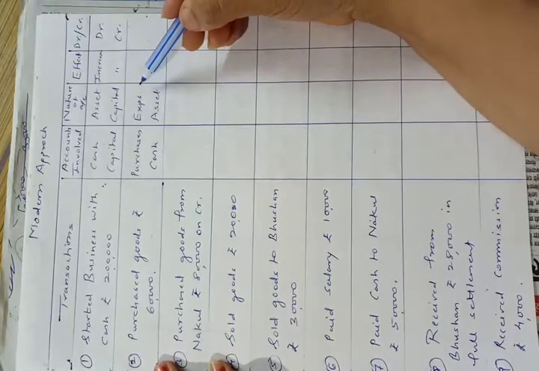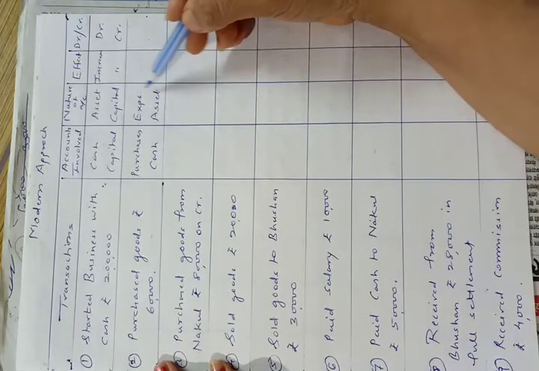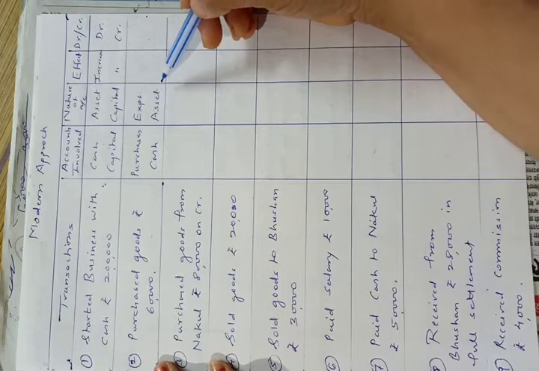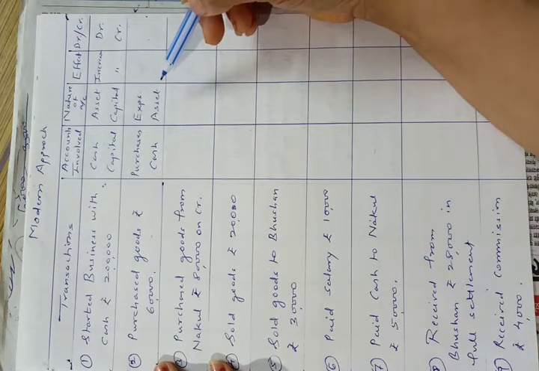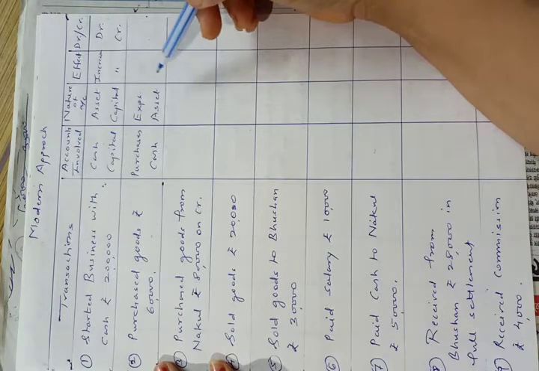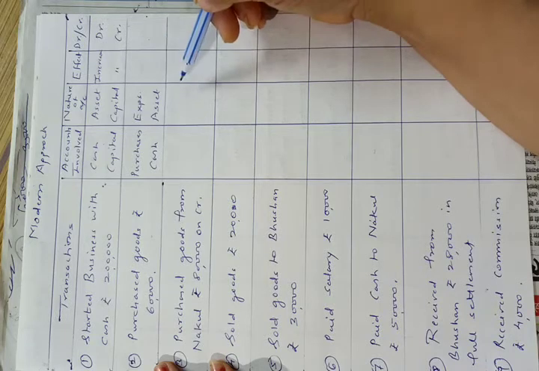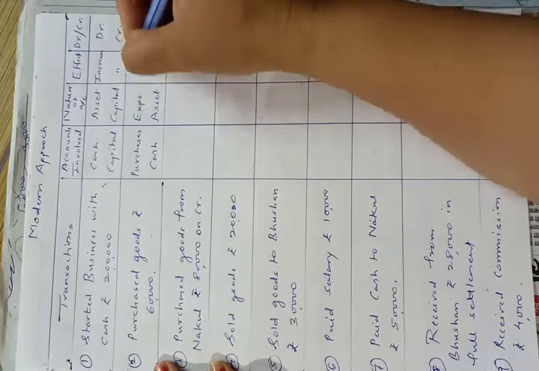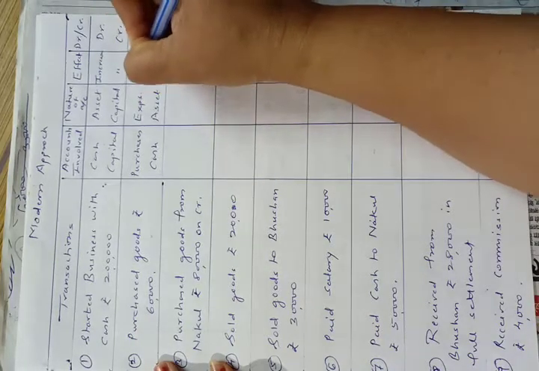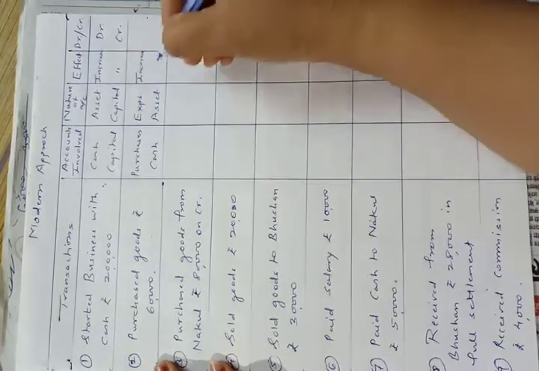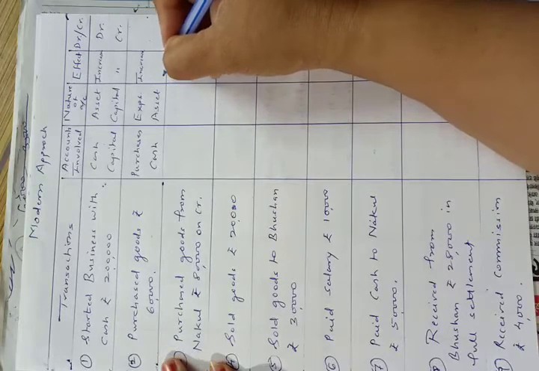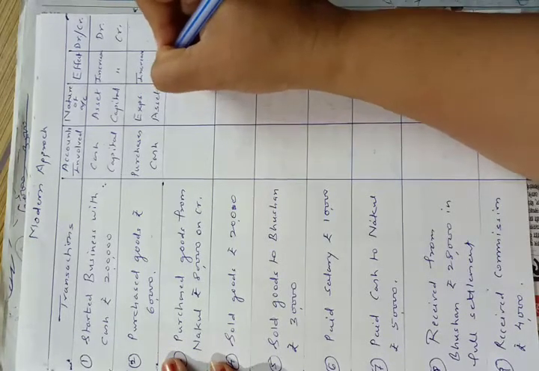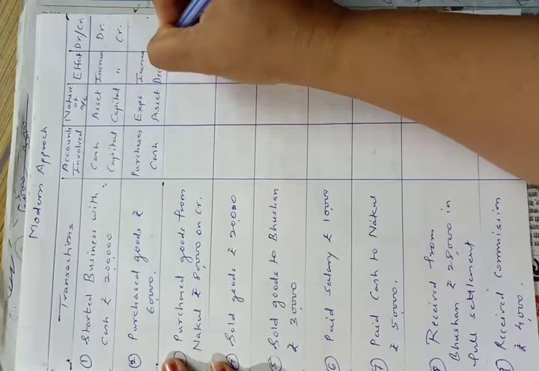So first rule for both the accounts: first rule says that if there is increase in asset, expenses and losses, it will be debited, and if there is decrease, they will be credited. Here when we purchase goods, our expenses will increase and our asset, that is cash, will decrease as we are making the payment.